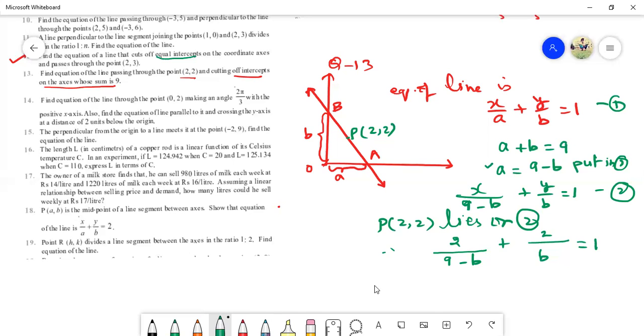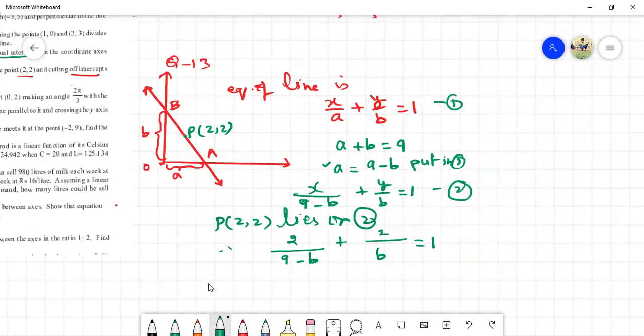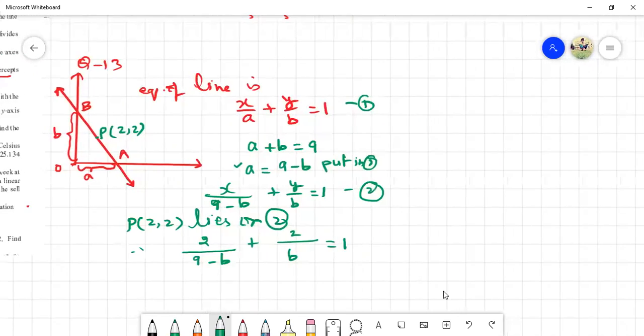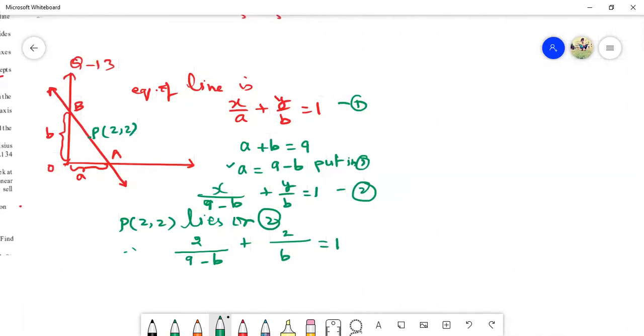So solve this equation. LCM will be 9 minus b into b, and b will multiply here 2b, or you can take 2 out common, then 1 will be left. This will become b plus 9 minus b is equal to 1. So this minus and plus will cancel, 2 nines are 18.